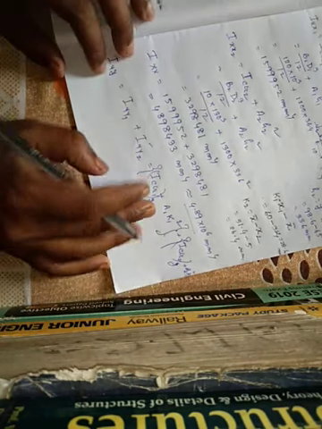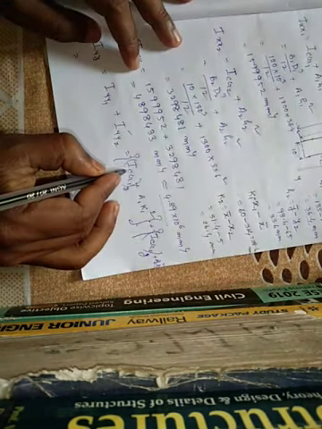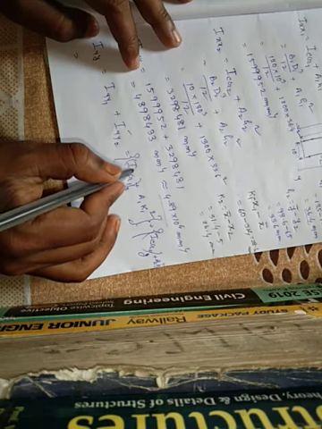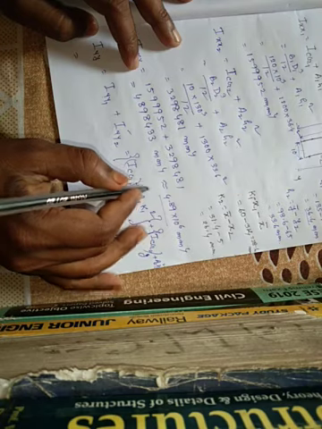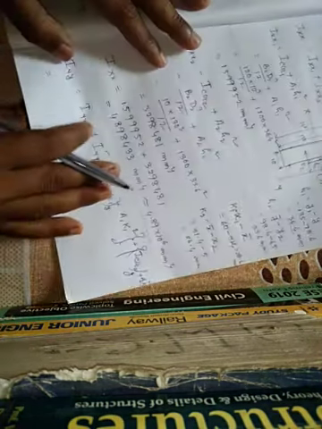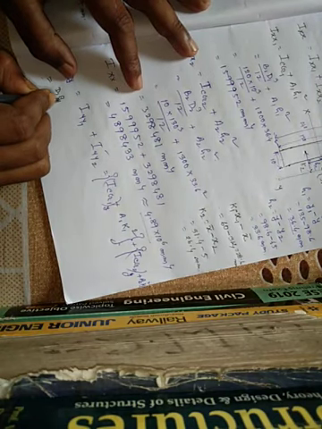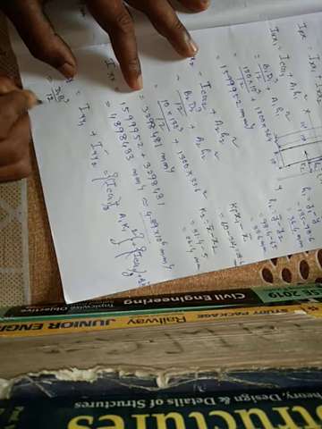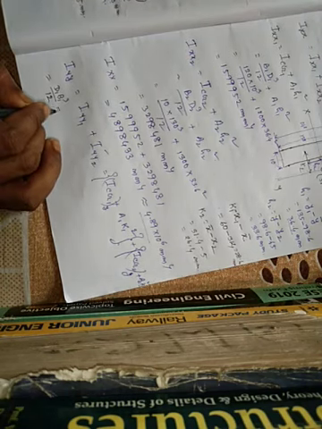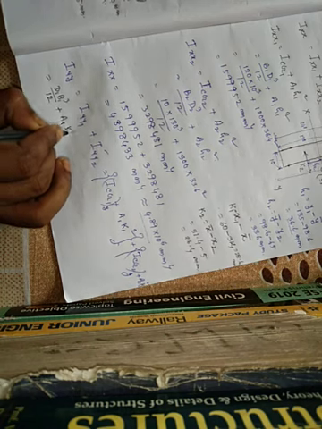Now calculate the moment of inertia about y axis of the angle section. Moment of inertia about CG of the flange is equals to d1 b1 cube divided by 12, because it's y axis, plus A1 into k1 square.